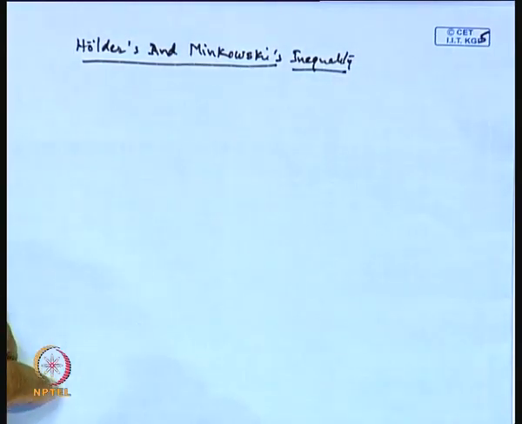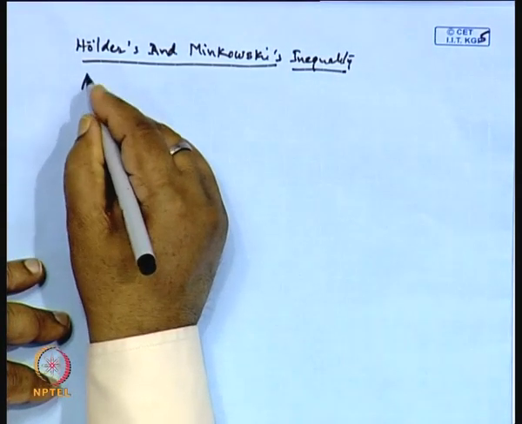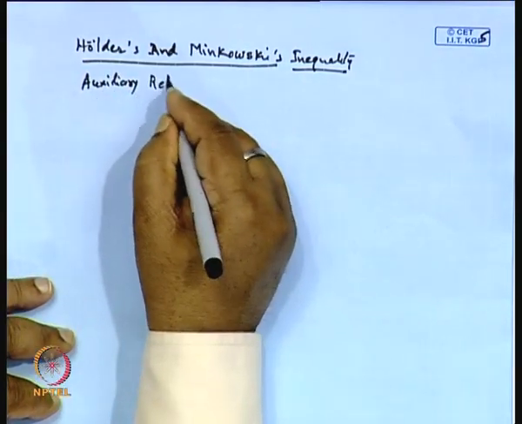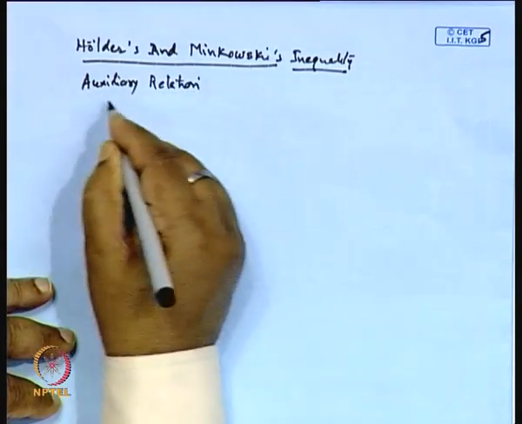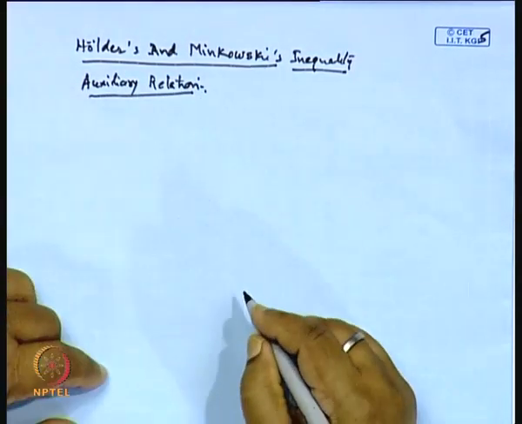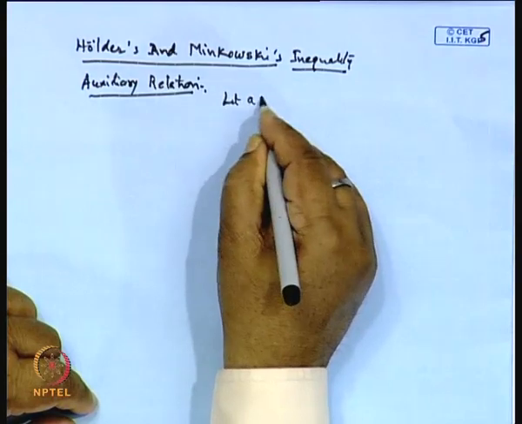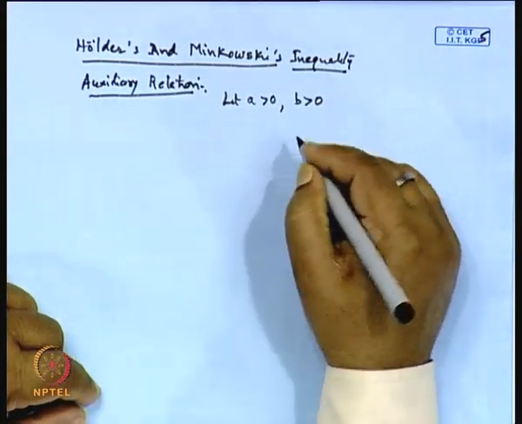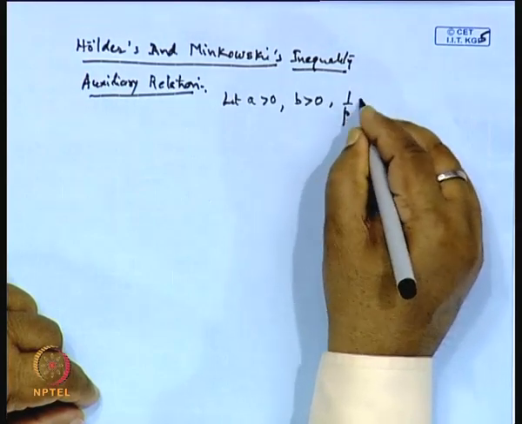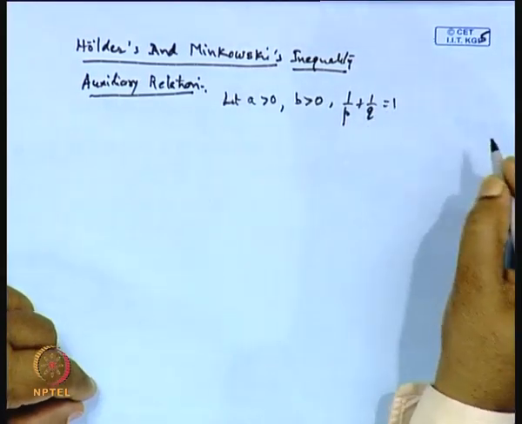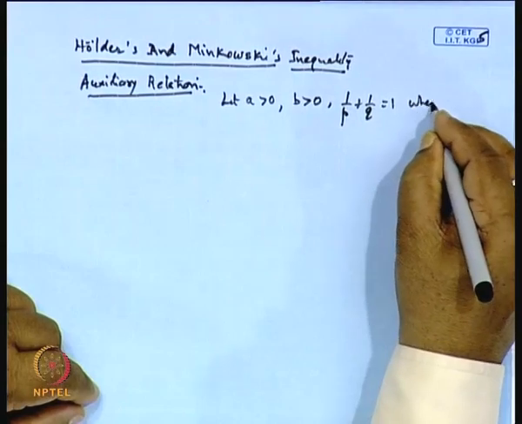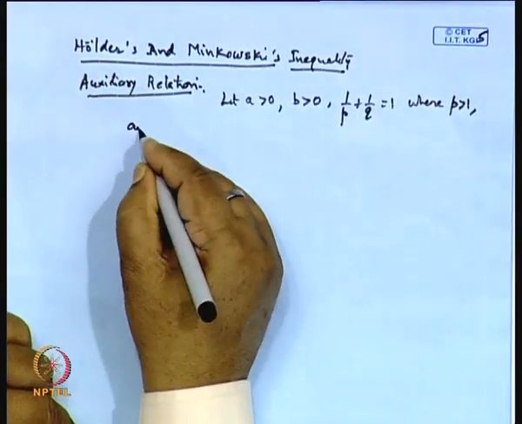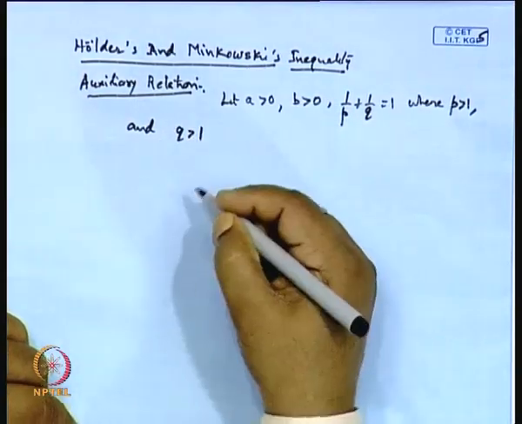we require some auxiliary relation, or auxiliary equation, you can say. Let A be greater than 0, B be greater than 0, 1/P plus 1/Q is 1, where P is greater than 1 and Q is greater than 1.